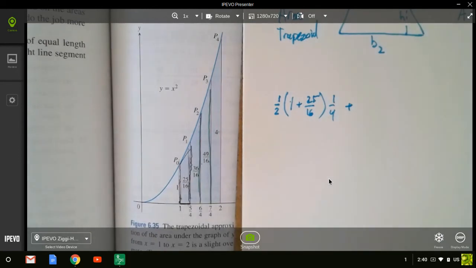That's right, because the function is x squared, which gives us a parabola, a curve. If you try to match straight-lined trapezoids to a curve, it's always going to be a little bit off. The straight line might go over the curve, or under the curve. I think most likely it'll go over.